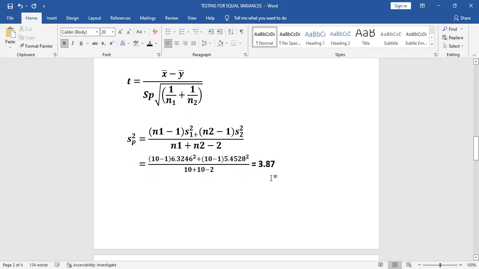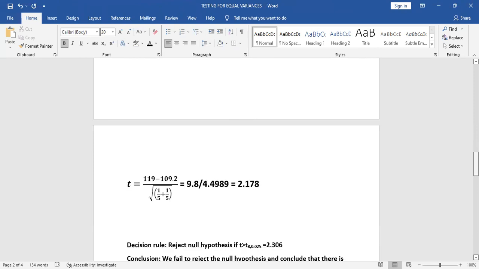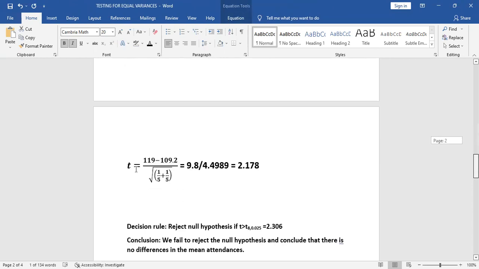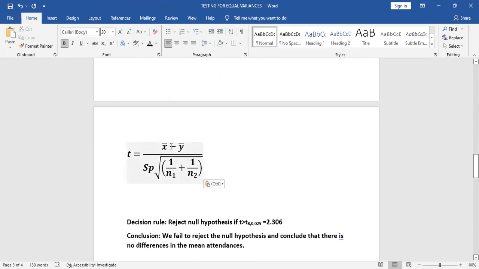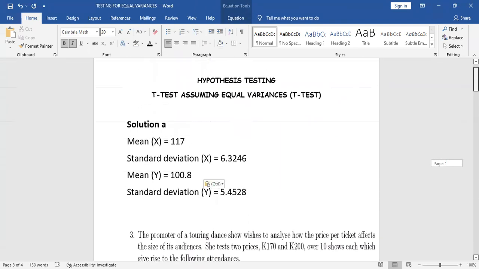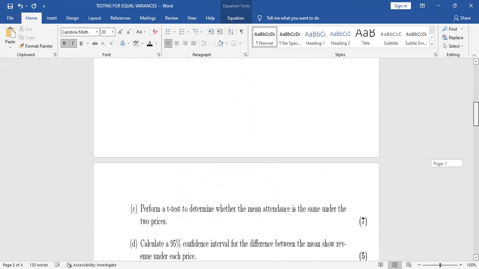I can proceed to calculate my t. Look at the formula for t. That's the formula for t. I need mean 1. Mean 1 was 117, calculated from the data set.